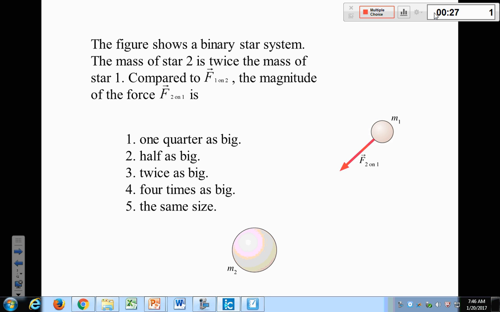How much bigger or smaller is this force compared to the force that acts on that one? Is it smaller, 1 or 2? Is it bigger, 3 or 4? Or is it the same, that would be 5, as the force that acts on this object? Feel free to ask your neighbor.